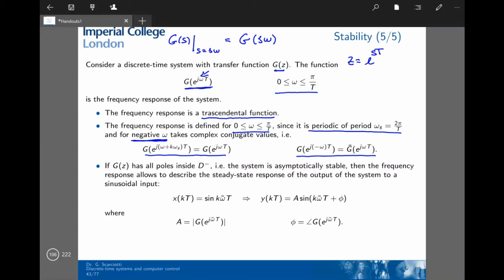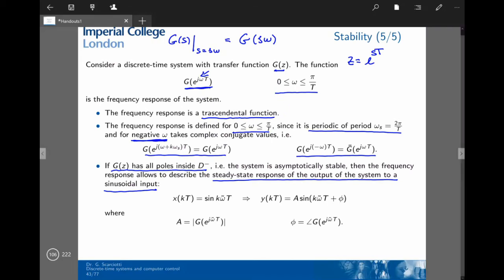Then, like in continuous time, if the system is asymptotically stable, then there exists a relation between the frequency response and the steady-state response of the output of the system to a sinusoidal input. This is an interpretation of the frequency response that is true for continuous time systems and also for discrete time systems.